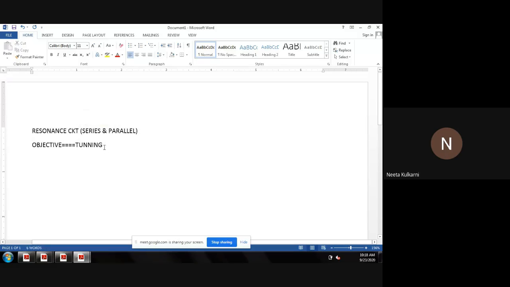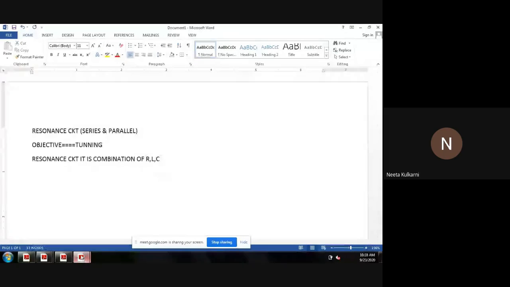And resonance circuit is nothing but a combination of resistor, inductor and capacitor. हे कंपोनेंट आपण सिरीज मध्ये यूज करतो का पॅरलल मध्ये यूज करतो?